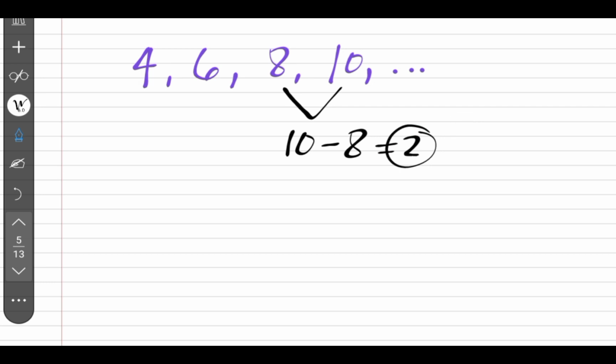But we cannot say that we have a common difference by just getting one of the differences of these consecutive terms. So next, let's get the difference of 8 and 6. Is 8 minus 6 equal to 2?